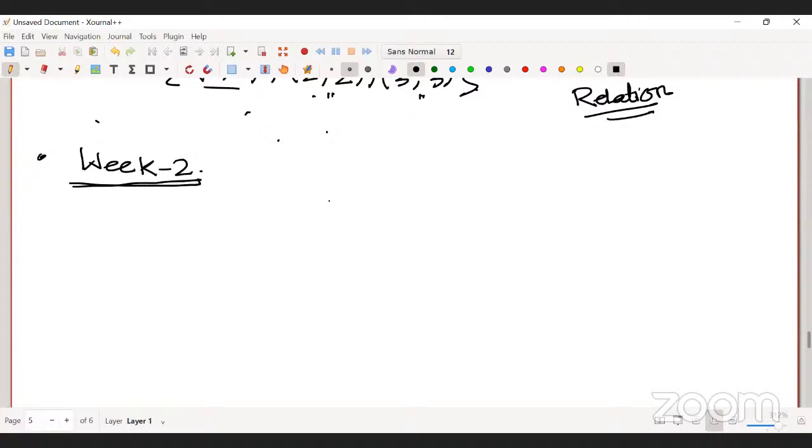So the first thing I want to discuss is how I can get the equation. What is the general form of the equation of a line? y equal to mx plus c.